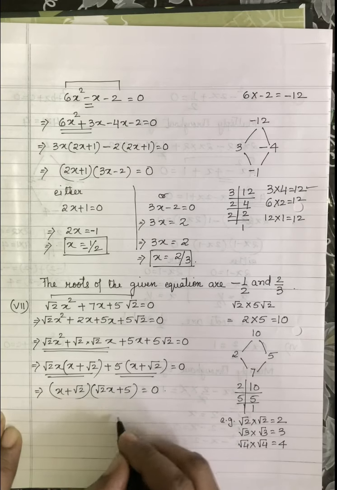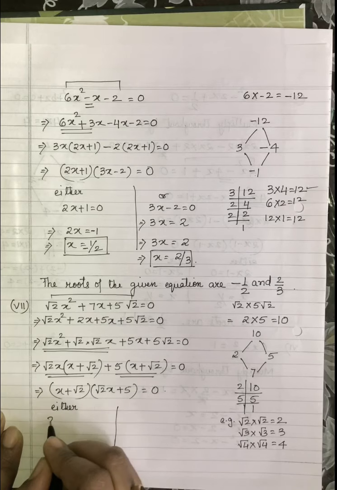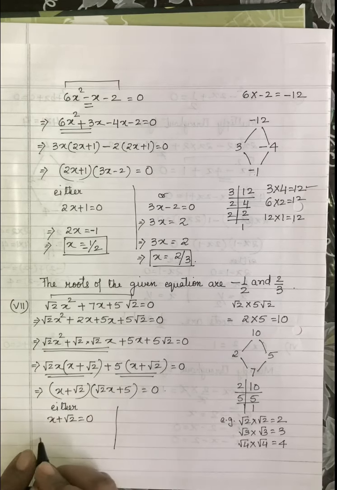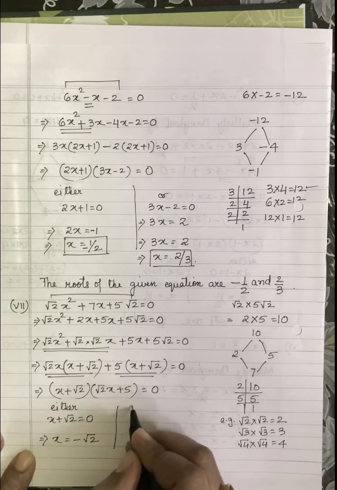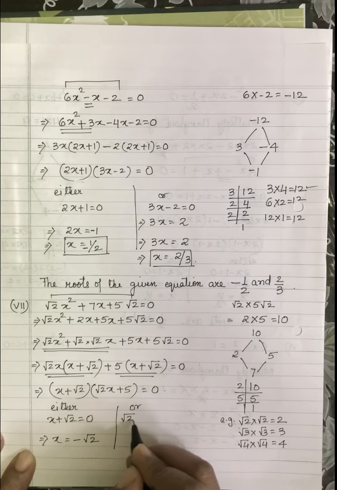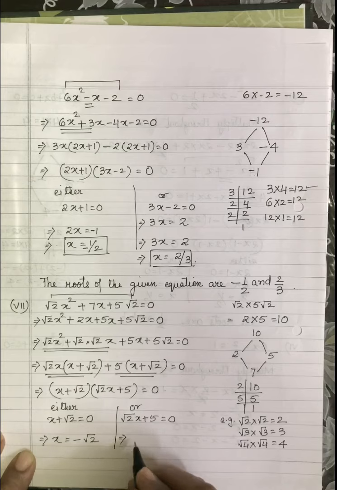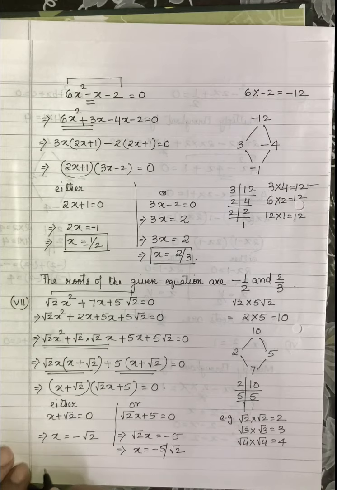So what do you get now? Either x plus root 2 is equal to 0, that is x is equal to minus root 2, or root 2x plus 5 is equal to 0, that gives us root 2x is equal to minus 5, again that gives us x is equal to minus 5 upon root 2.